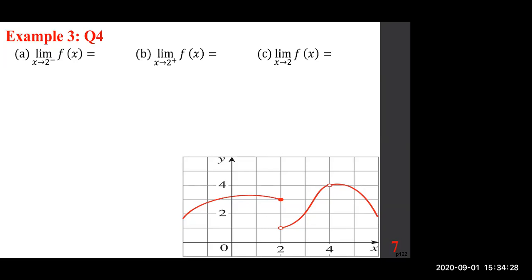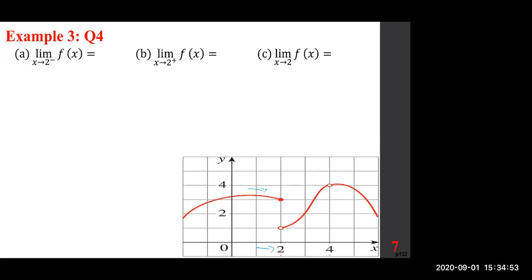Again, we want to make sure we can read this. This should be now nice and easy. It's a very easy read now. We want a limit of f of x as x approaches 2 from the left. That means we are interested, let me use a different color here. On the left side, that means we are in this branch.